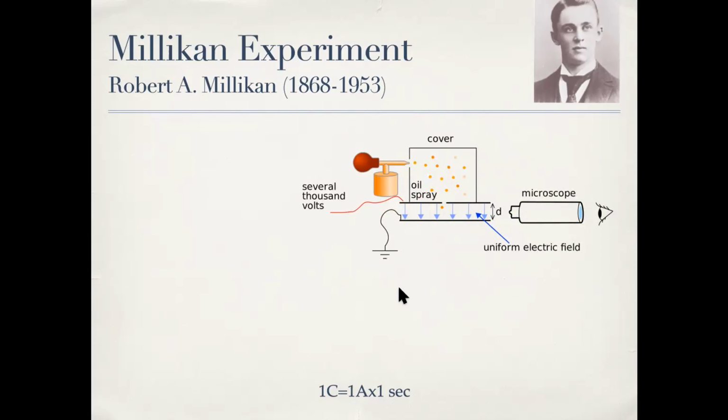There was a container in which droplets of oil of different sizes were produced by some device, a little pump. And those droplets of oil were falling down, until they reached a metal plate with a little hole in it, through which only very few of the drops could pass.